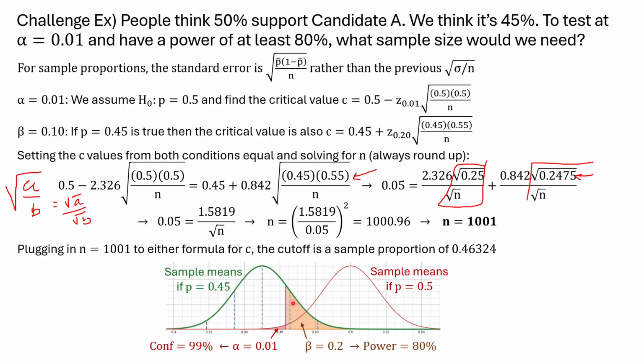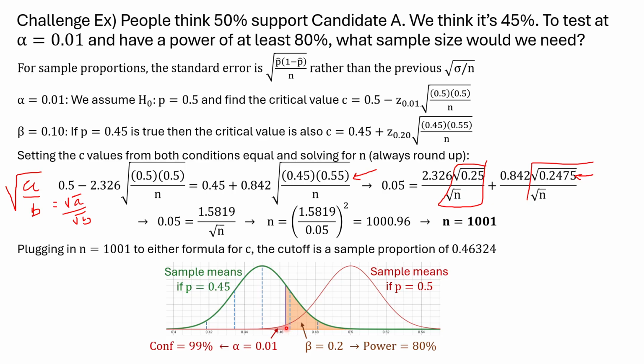And so here I have this graph. We'll have 20% as our chance of committing a type 2 error. That's what we said was acceptable for us. This sample size was exactly fitting both conditions. And also, we still wanted a confidence level of 99%. Indeed, if we have the null hypothesis, if the true population proportion is 0.5, then here is our cutoff, exactly as we expected, 0.46324.